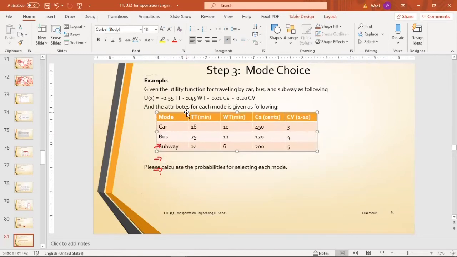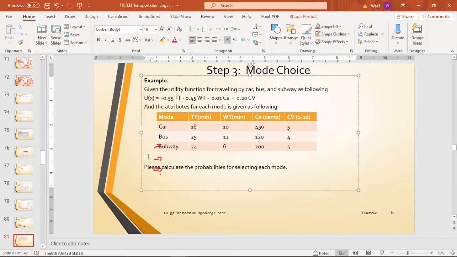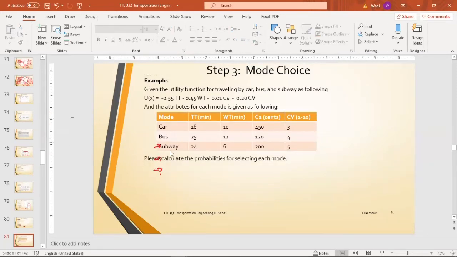So we have a space that we can work in. Let me just remove this. So now we want to calculate the utility for each of these modes.